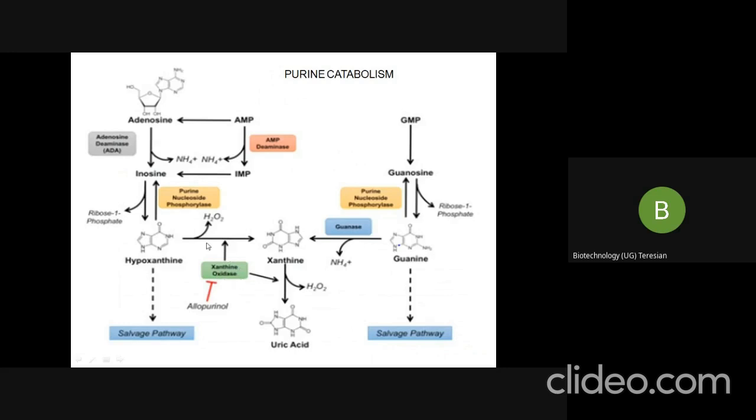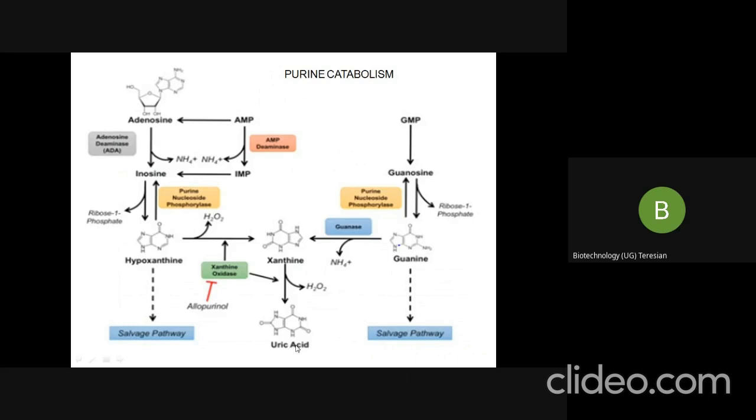So it is catalyzed by xanthine oxidase. So we have to regulate this enzyme, and drugs are being produced for xanthine oxidase so that there is no accumulation of uric acid, and we can prevent the disease known as gout. Okay, so you can see how they finally end up as xanthine, forming uric acid, and get excreted from our body.